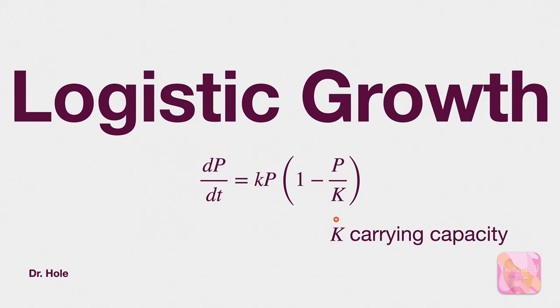The same notion can be applied to a population: the environment in which the population resides is going to have a large determination on the size. We can term that, capital K, the carrying capacity. So if the population, P, is near the carrying capacity, this quantity would be approximately 1, and 1 minus 1 is 0.